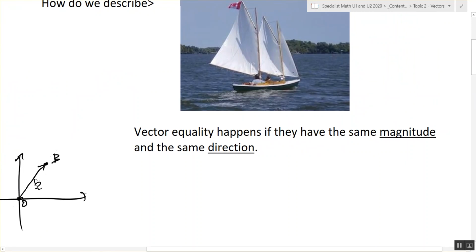Okay, so if an arrow, you know, letter A, has the same length, but you know it's over here somewhere. Letter C, same length, same direction, it is the same vector. So it could be anywhere on the page, as long as it's the same magnitude and the same direction, they are equal. Okay?